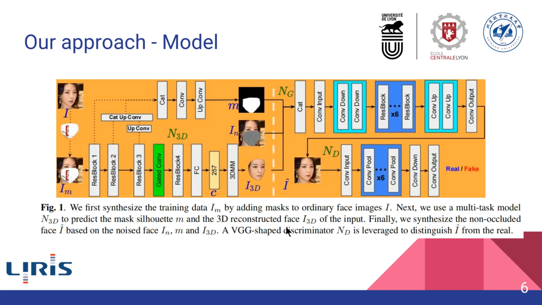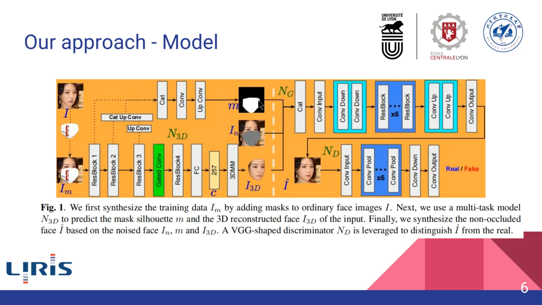The proposed method is composed of a multitask 3D face reconstruction and segmentation module N3D and a face inpainting module NG. Given a masked face image IM, N3D predicts its corresponding 3D parameters, from which a 3D face can be reconstructed and rendered, and also it predicts the occlusion mask M, indicating the mask silhouette.